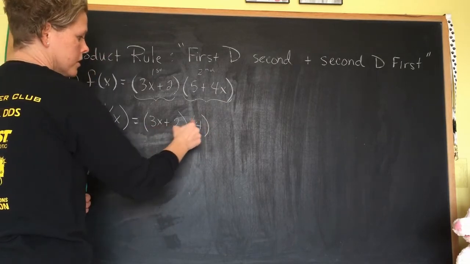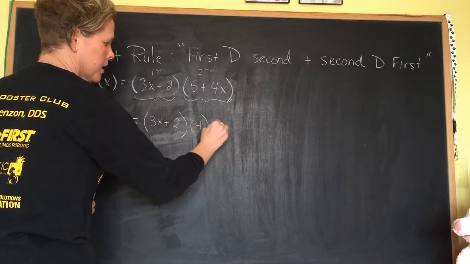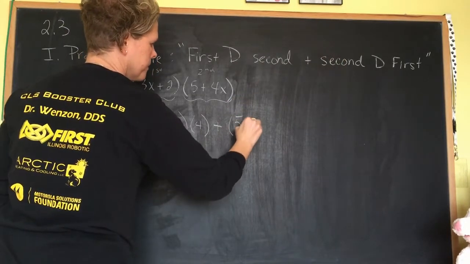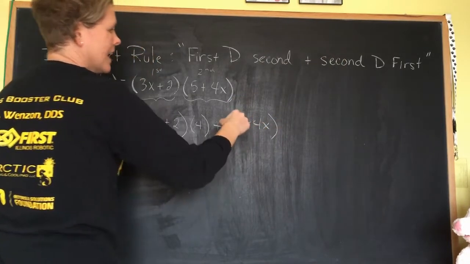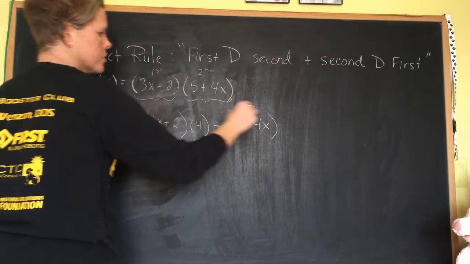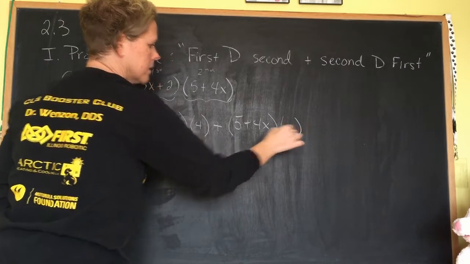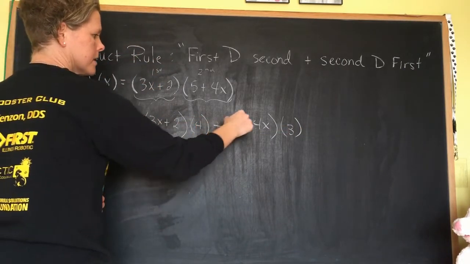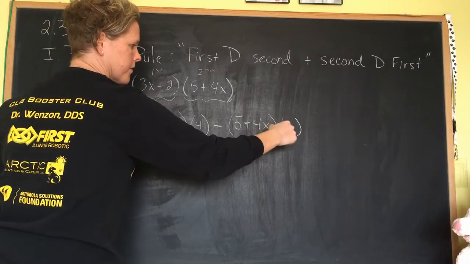So this is first d second plus write down the second term and take the derivative of the first. Well, the derivative of the first term is just 3. So again, first derivative of the second plus second derivative of the first.